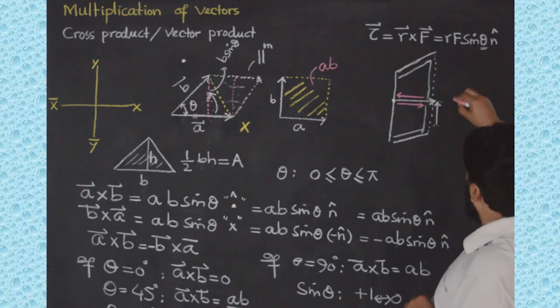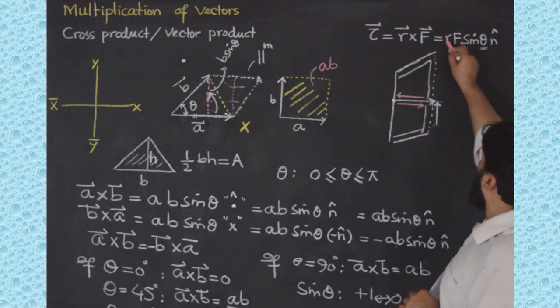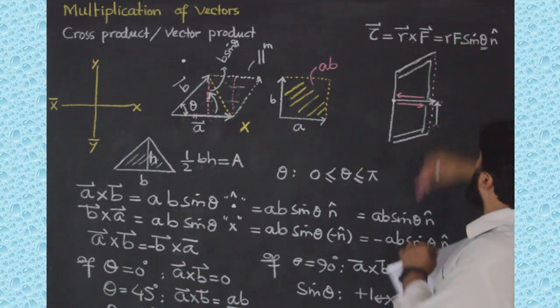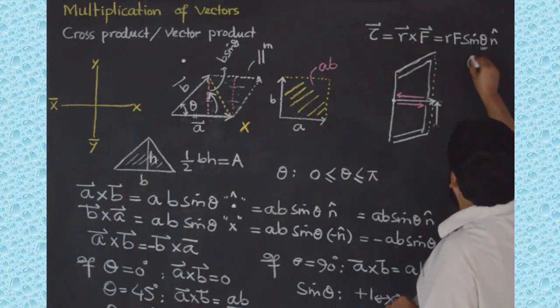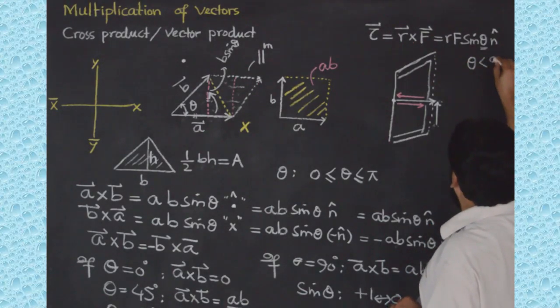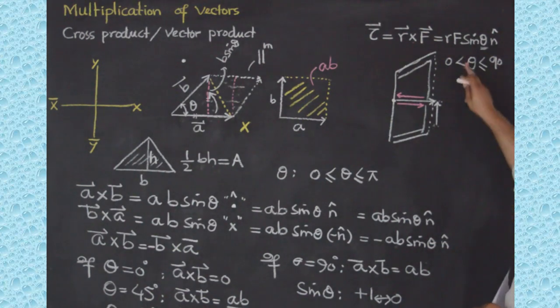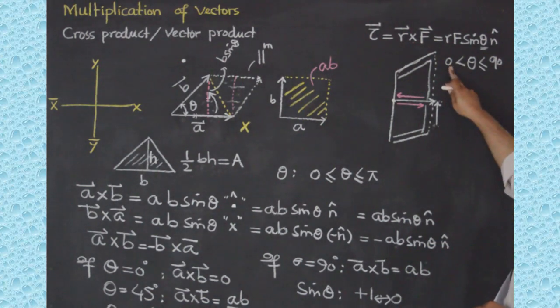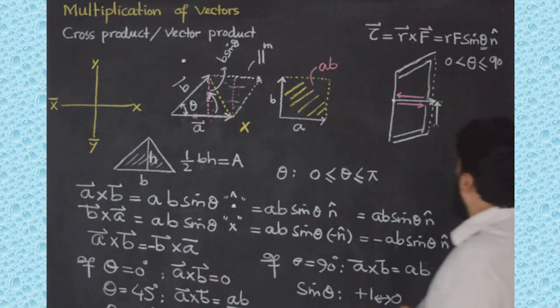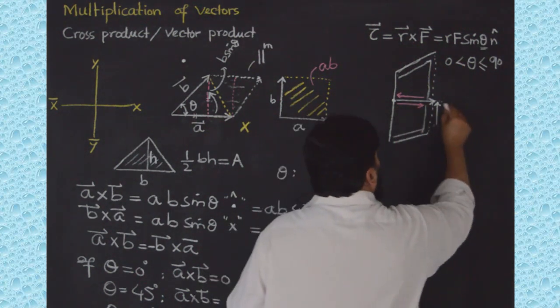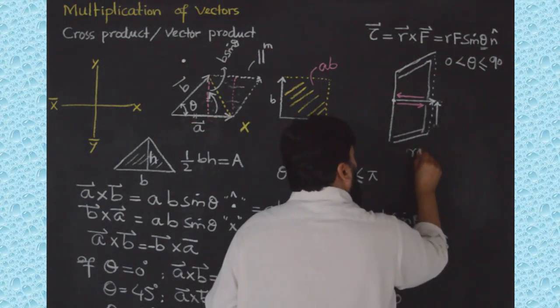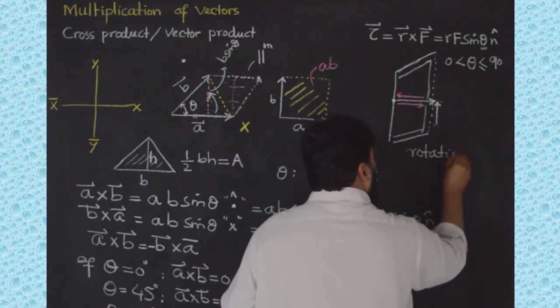To rotate this door, the force must be at some angle theta, less than or equal to 90, so maximum, and greater than 0. So when theta is greater than 0, I will be able to rotate this door. So here there will be no translation, only rotation.